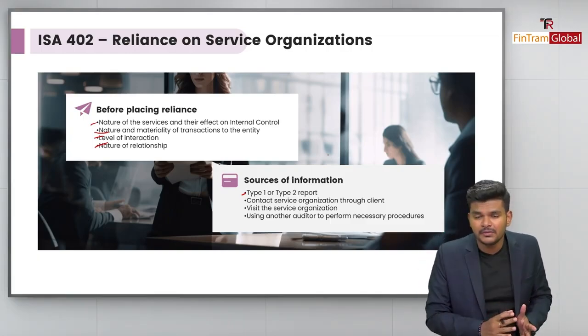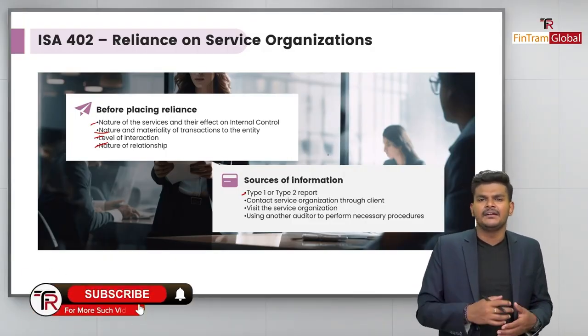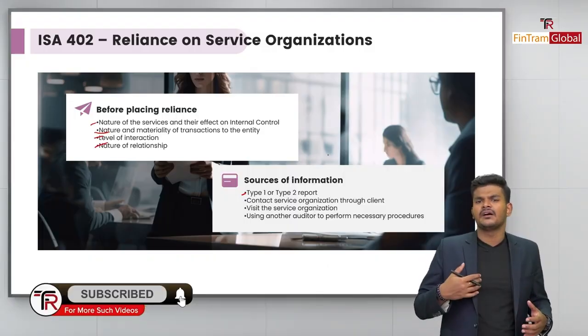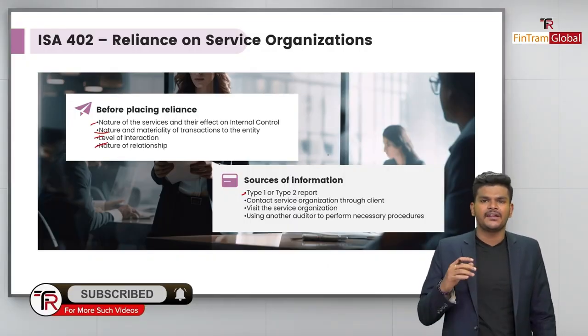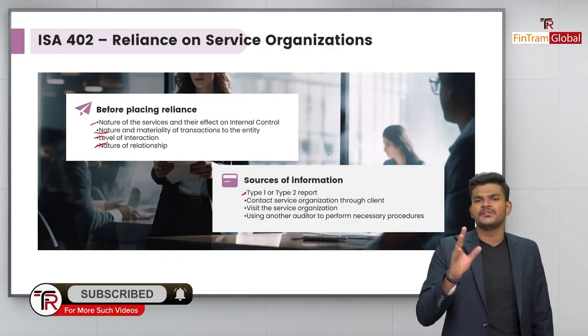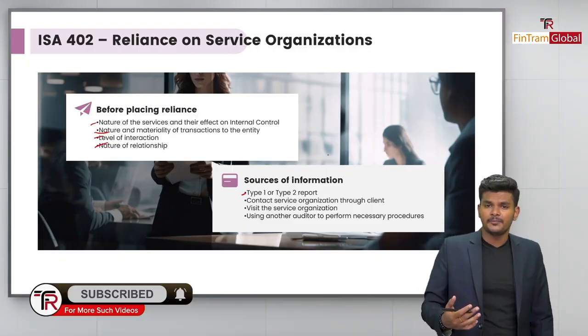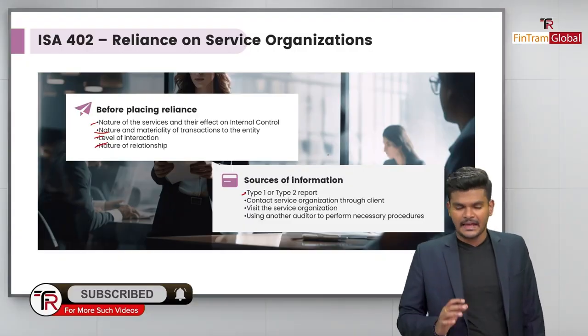But in type 1 report, we just have the design overall. Okay, folks, that's basically it. There's no comment about the operating effectiveness as such. Okay, folks, just the design and the description of the control. That's what's in the type 1 report. In the type 2 report, we also have the operating effectiveness aspect as well.